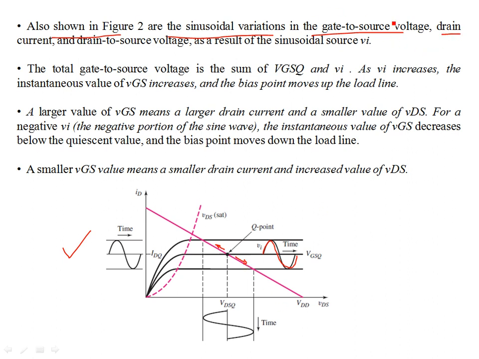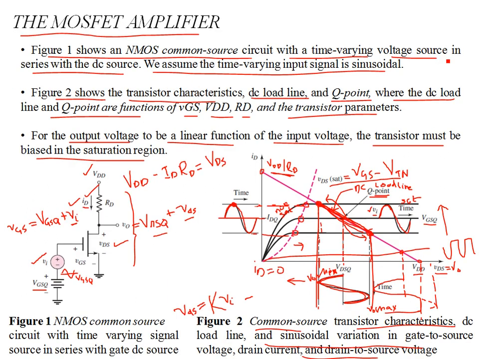Then you have also the alternating drain current, which is shown over here. Then you have a drain to source voltage, which is the output. So this is the drain source voltage, which is my output. All of this is due to this input Vi, which is over here.